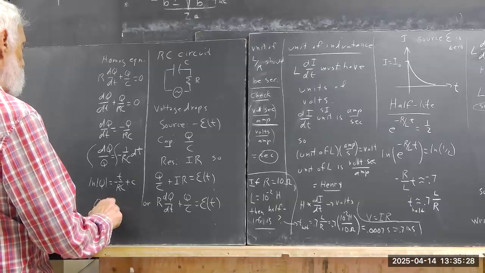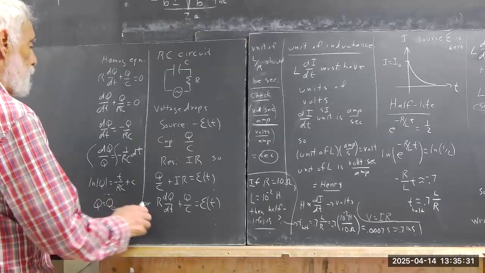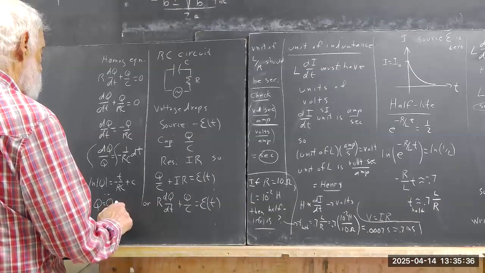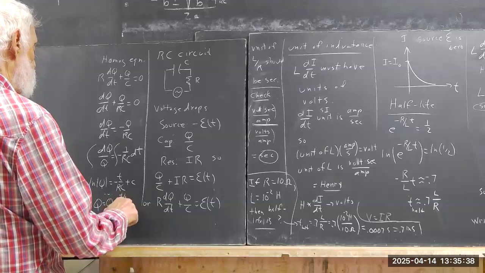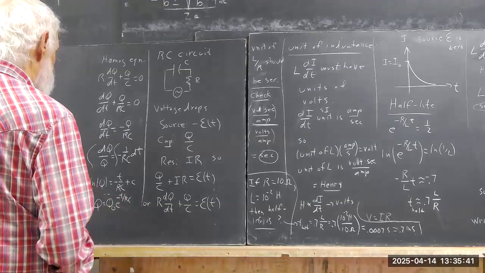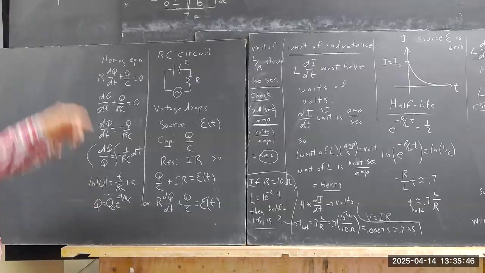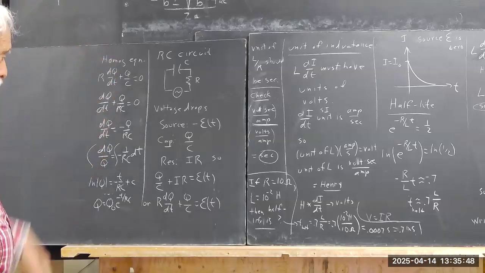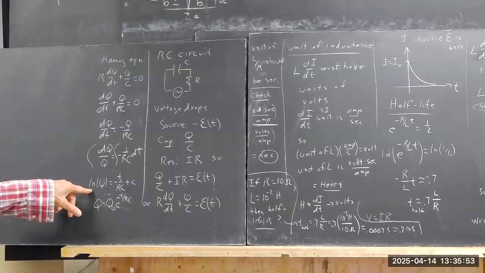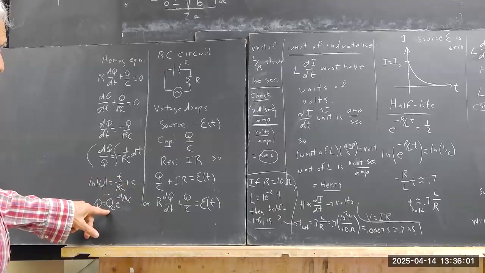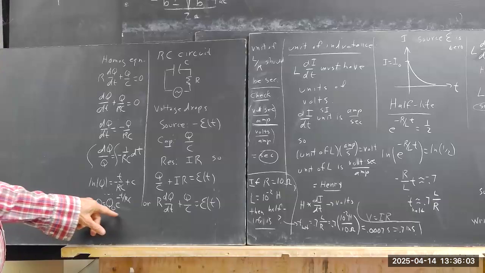So q equals q naught e to the negative t over RC. The details from here to here: just exponentiate both sides. e to the c becomes your coefficient.